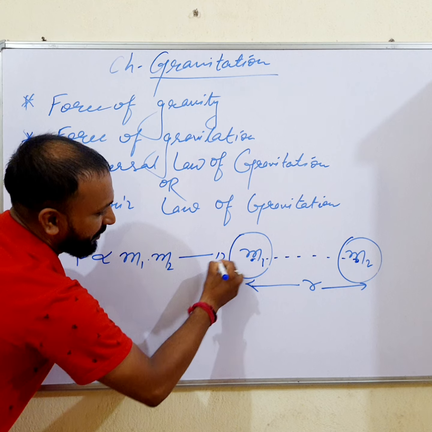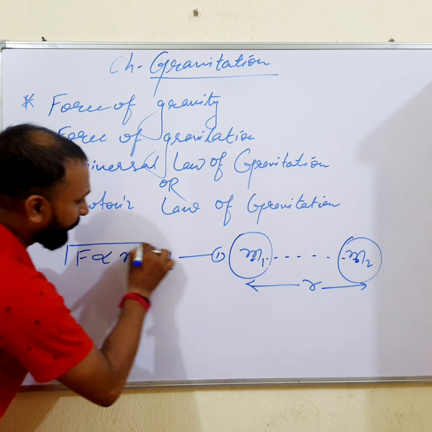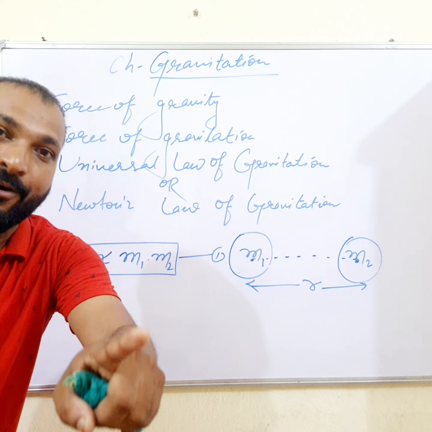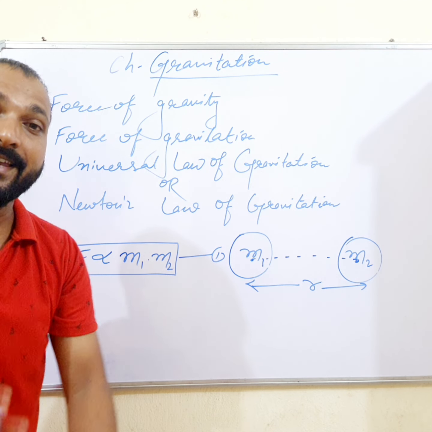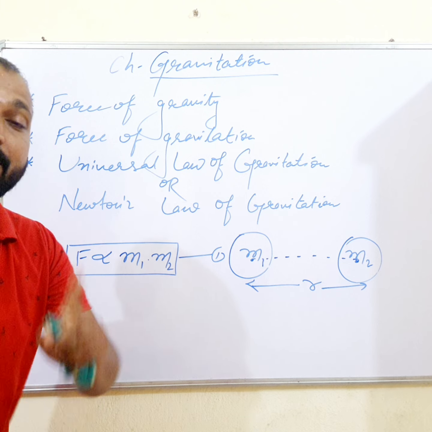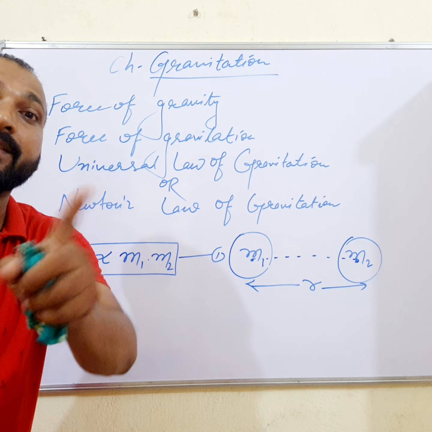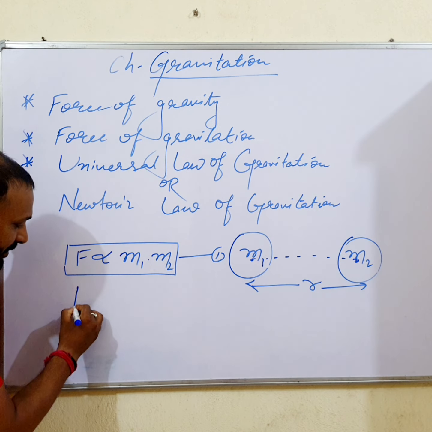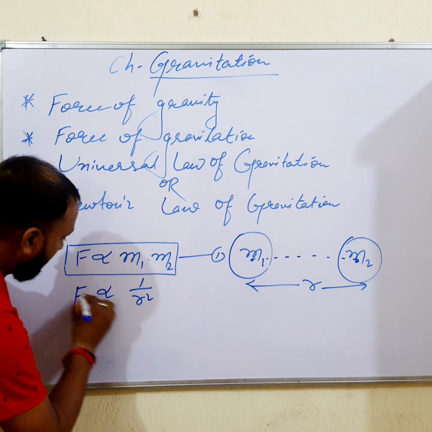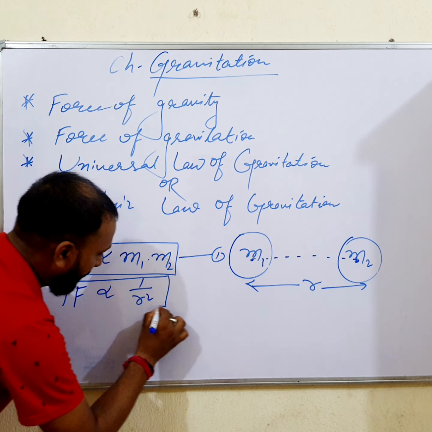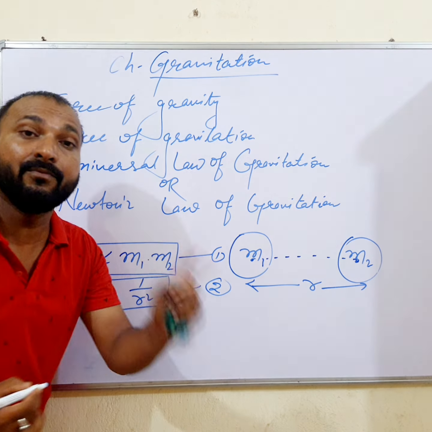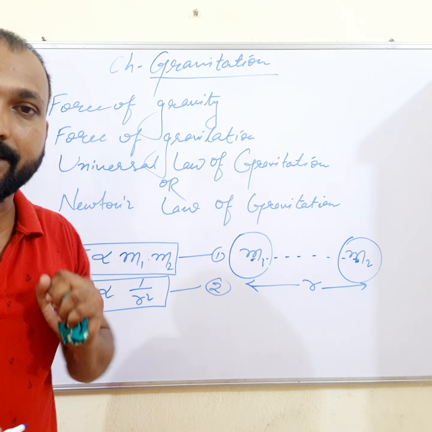This is the first equation. And the same force of attraction is inversely proportional to the square of the distance between the two bodies, that is F proportional to 1 upon r square. This second equation is known as the inverse law equation.